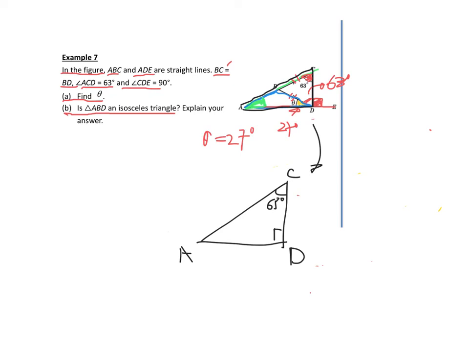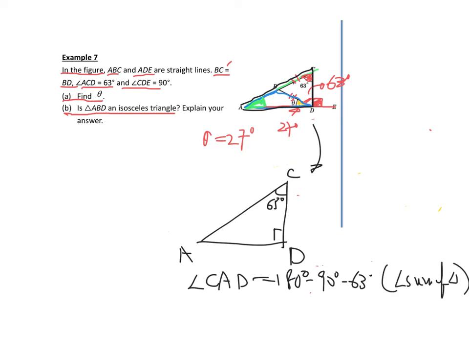So by the angle sum of triangle, angle CAD is equal to 180 degrees minus 90 degrees minus 63 degrees. That is angle sum of triangle. So we can find that angle CAD is also equal to 27 degrees.